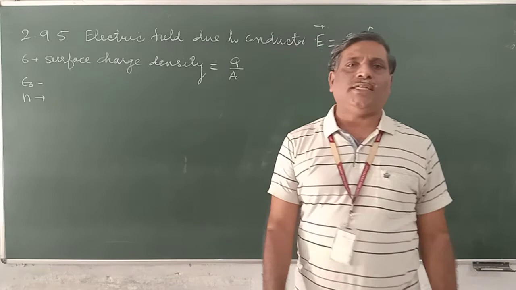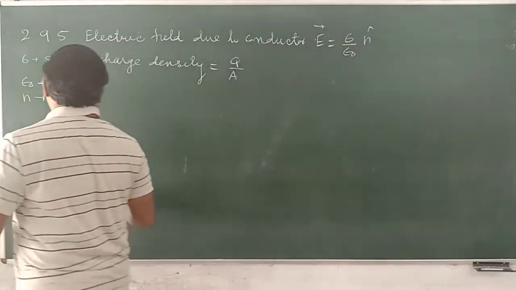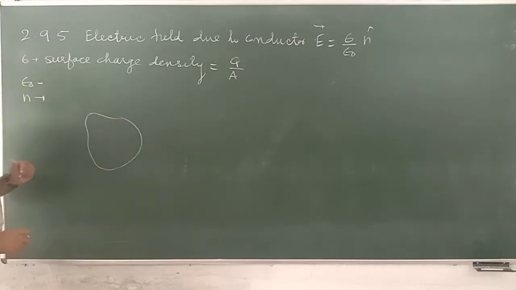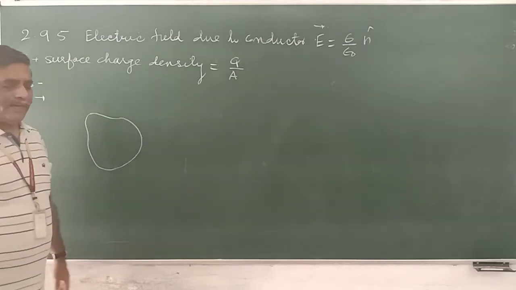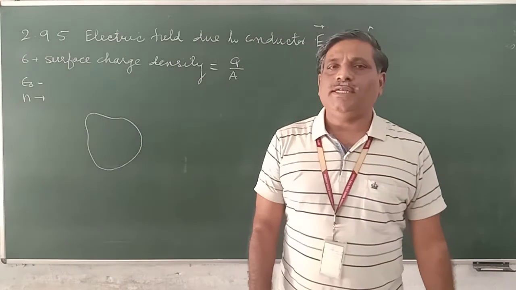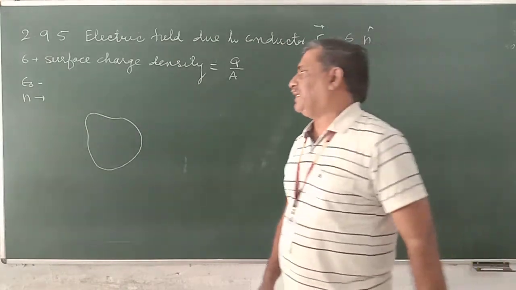To derive this relation, we consider one surface. This is any random shape conductor, a charged conductor, and we want to find the electric field due to this charged conductor. Consider a pillbox, a short cylinder, as a Gaussian surface.